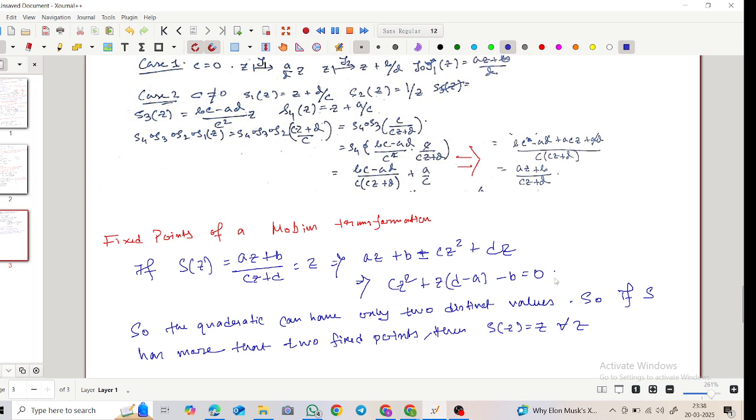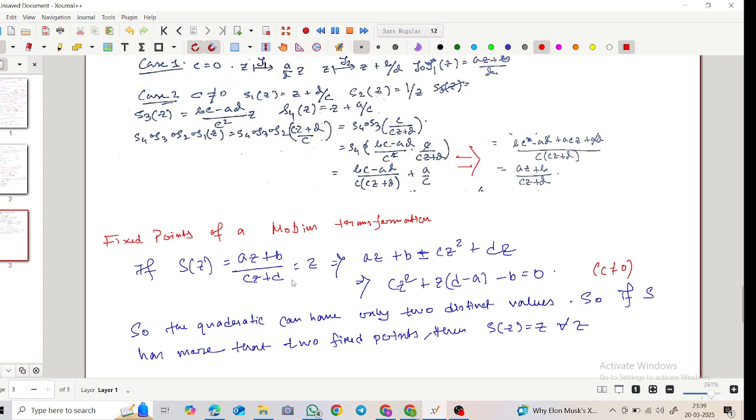Because this whole quadratic thing, we are assuming that c is not equal to 0, right? Otherwise it's not a quadratic. So if c is 0, you get rid of this, then it becomes az by d.